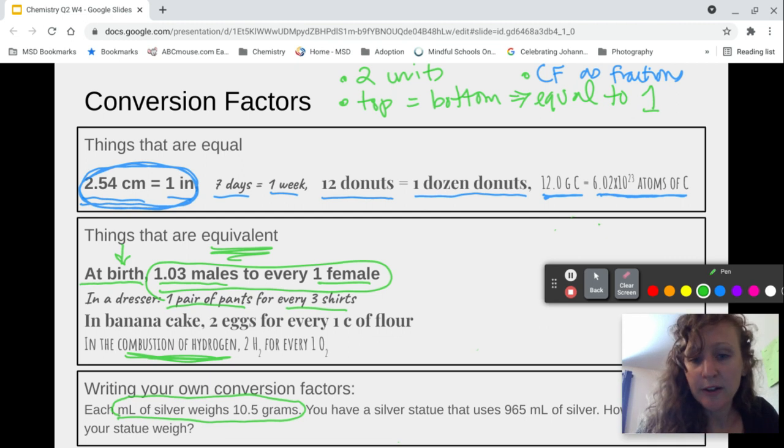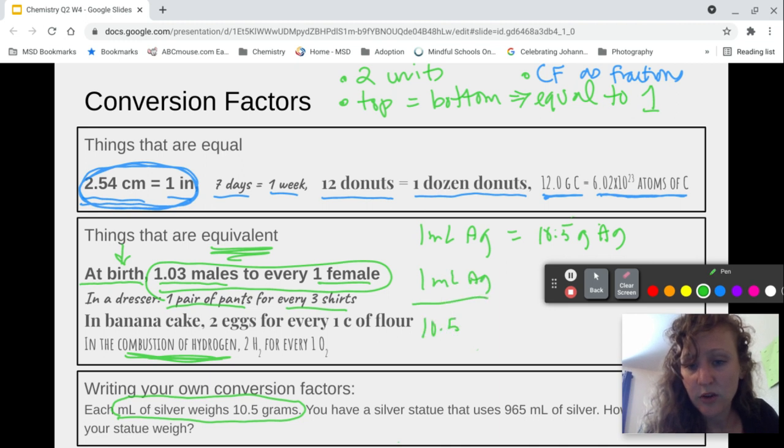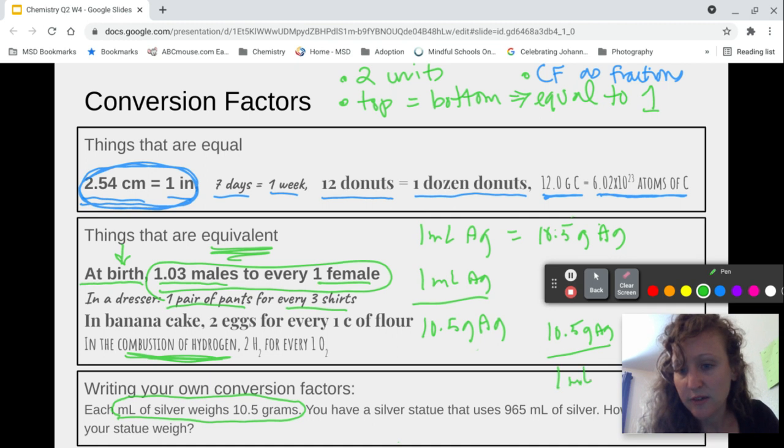So I could write 1 milliliter of silver equals 10.5 grams of silver. I could write 1 milliliter of silver over 10.5 grams of silver. I could write 10.5 grams of silver over 1 milliliter of silver.